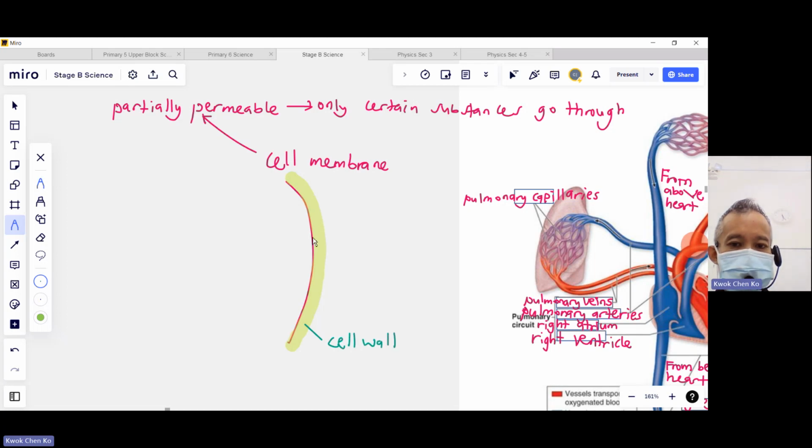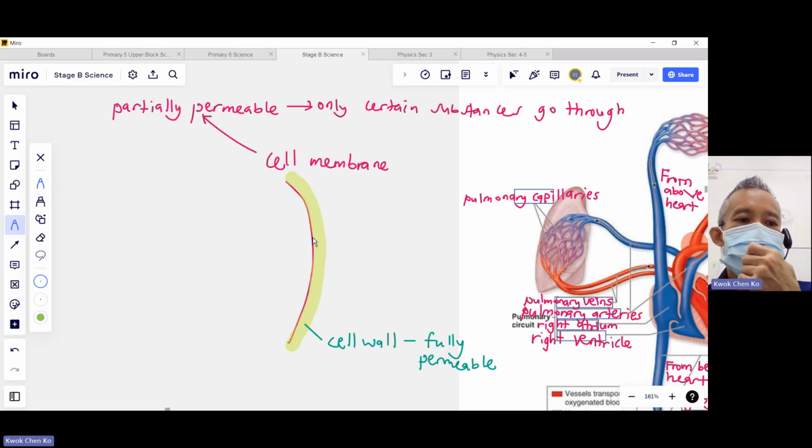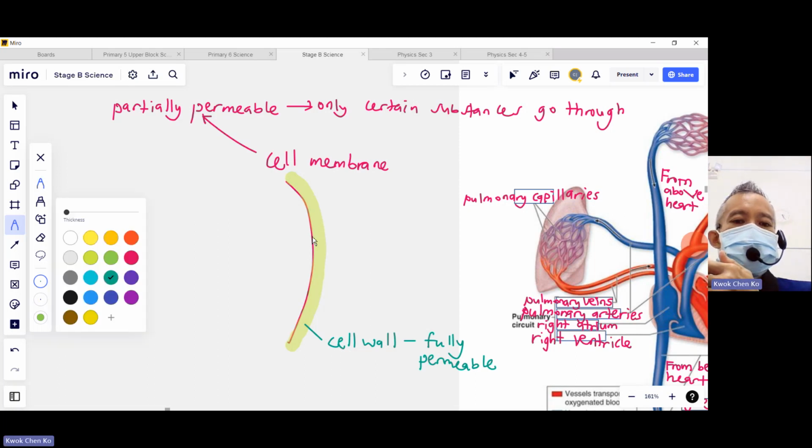Anything can go in and out. Right, I think you write it down. No control at all. But we are not so concerned about the cell wall. We are concerned about the cell membrane. Okay, how do things go through?